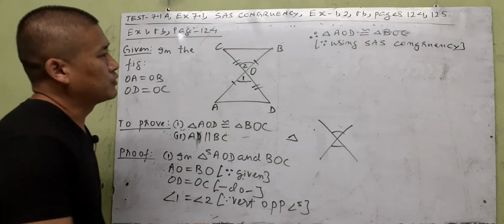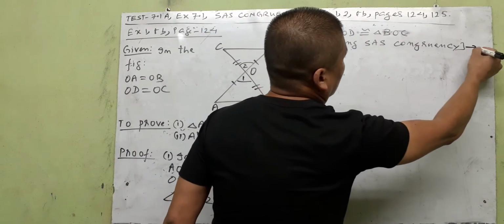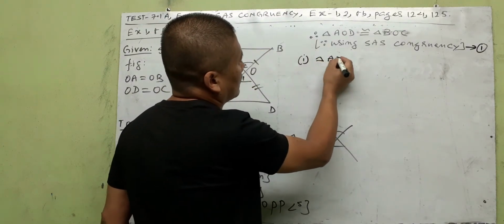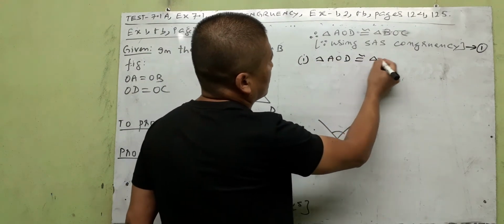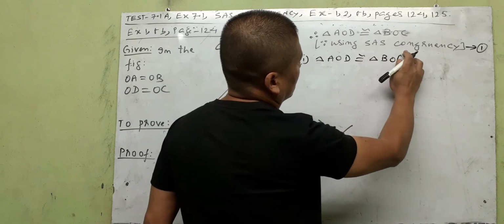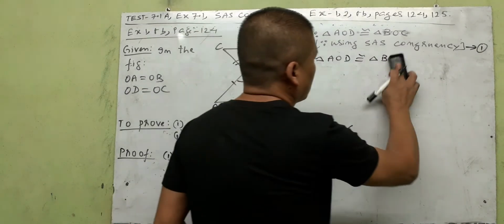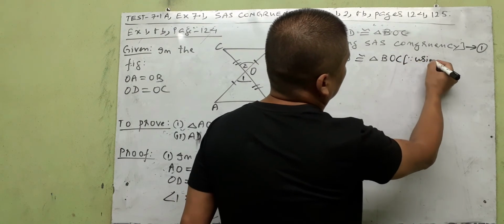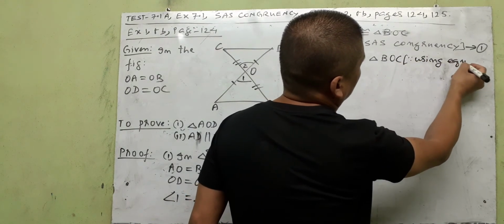Right, so first one is proof. So you can just put this one as equation number 1 and write here your one answer, triangle AOD congruent to triangle BOC, using equation number 1.